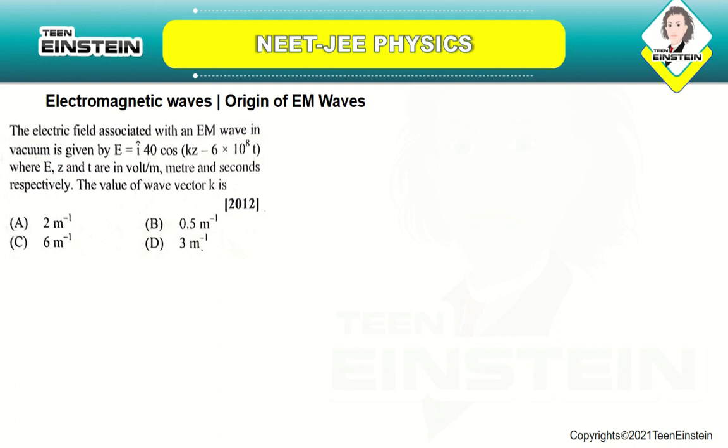So first you write down the electric field equation. E is equal to i 40 cos(kz minus 6 into 10 power 8 t).